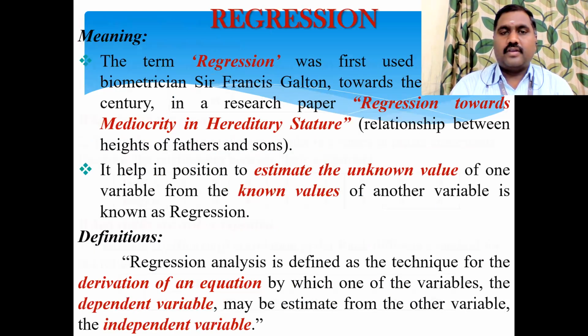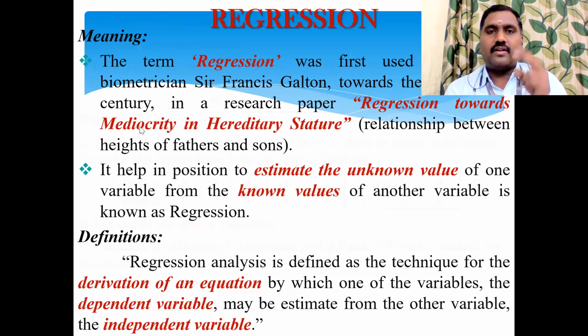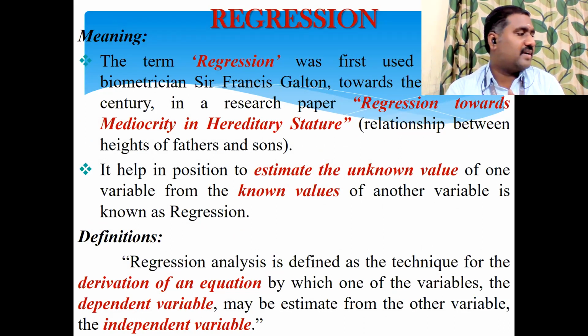So the next topic is regression. There are two ways of doing an analysis for two variables, bivariate analysis: one is correlation, another is regression. So far we discussed the correlation, finding the R value and interpreting it. Now the next method in the third unit under bivariate analysis is regression.